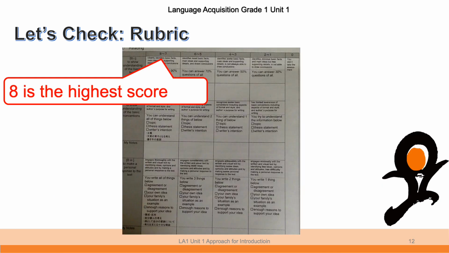Under ATL, you can see the table of Rubric. Rubric shows you what you need to do in your assessment. As you know, 8 is the highest score at MOIS. And to get high score, you should understand what Rubric shows.